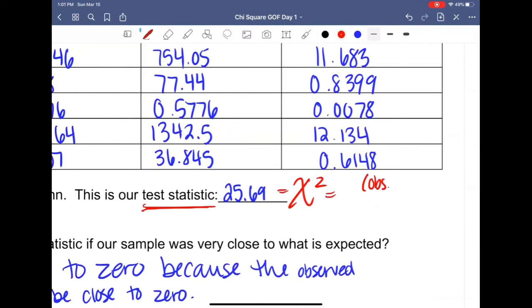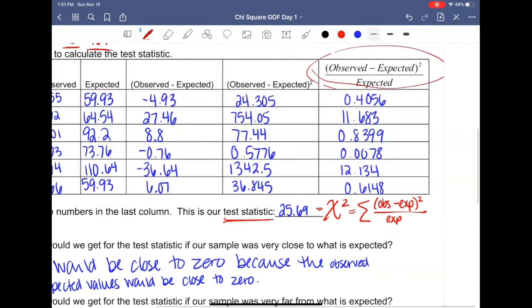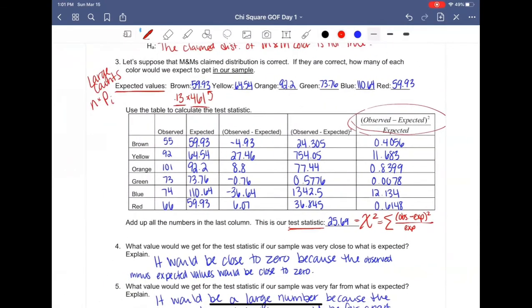I usually just abbreviate: observed minus expected squared over expected. But then we added it all up, so I'm going to use summation notation there. So that is our formula for a chi-squared test statistic. You do your observed minus expected, square them, and then divide by the expected, and that gives you your chi-squared.